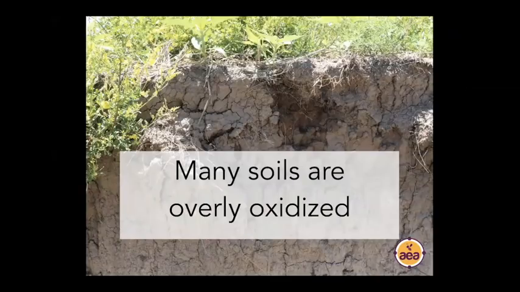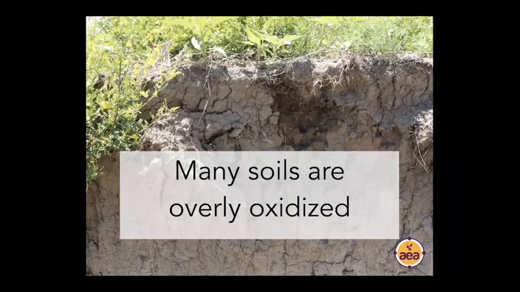So many of the things that we do have an oxidizing effect, and many of our soils are overly oxidized. They no longer have enough reducing effect in the system. So our desire should be to bring some balance to that and try to balance out the scales by having more of a reducing effect and growing crops and cover crops that will stimulate the reducing bacteria, not the oxidizing bacteria.